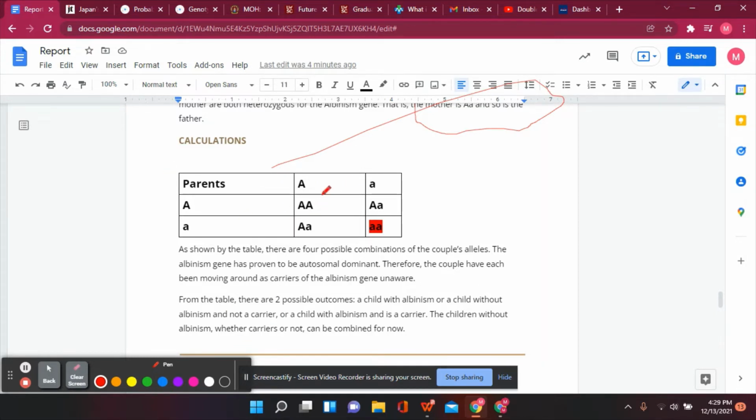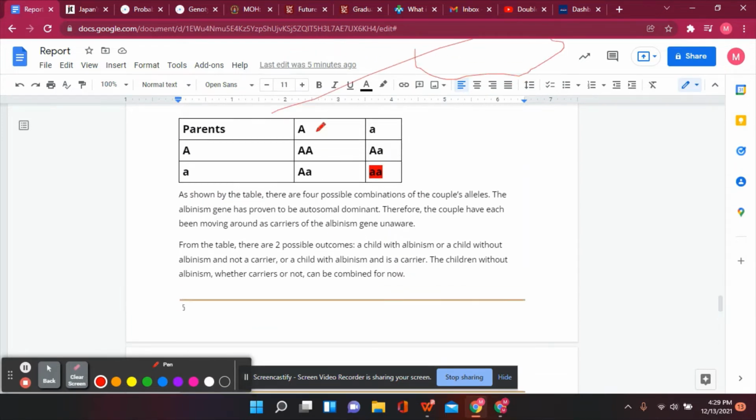So we create possible combinations of these people's alleles, and what we get is a child who's homozygous dominant, which means this child would never, at any given point in time, carry the gene to pass on albinism to any one of their children. And then in this situation, we have a child who is a carrier of albinism but will not show it in their skin. And then we have a child who has that as well. And then we have a homozygous recessive, which is a child who carries the albinism gene. And in this situation, the child in question.